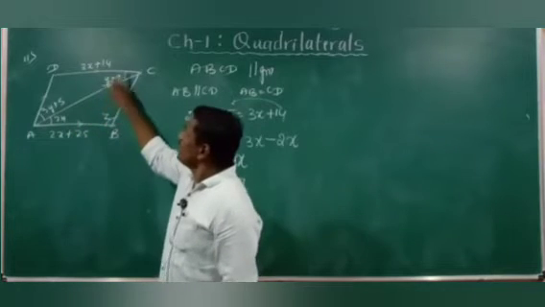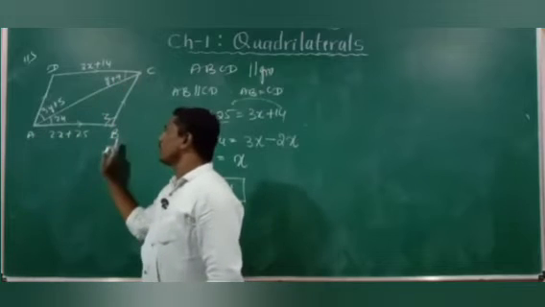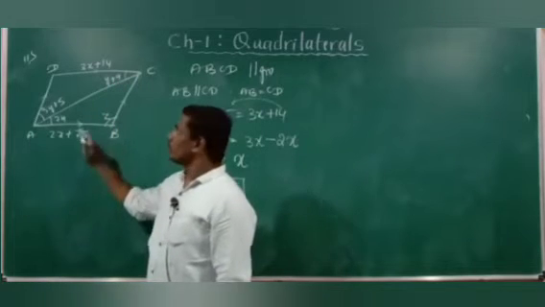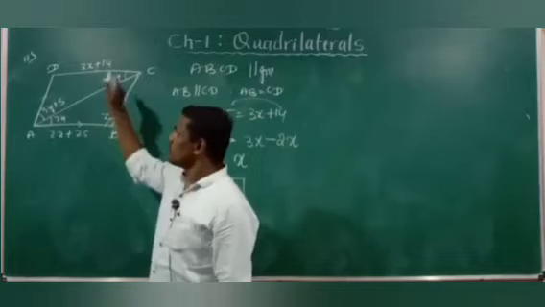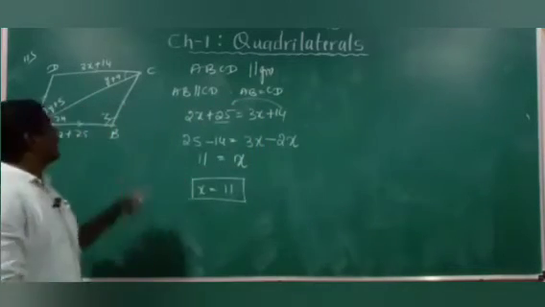Next, listen here. Again, DC is parallel to AB, right? Because ABCD is a parallelogram, the opposite sides are parallel. If it is parallel, it will form alternate angles.